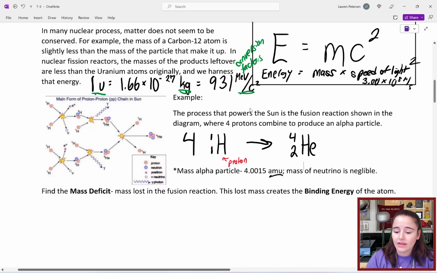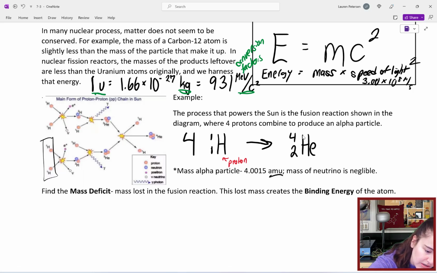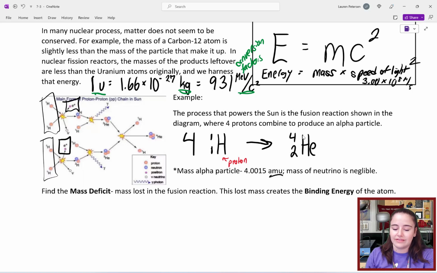Here we can see 4 times 1, that conservation of nucleon number, but we're not quite getting that conservation of protons. We got 4 protons, and by the end, there's only 2 protons. 2 of those protons turn into neutrons. We can also see that in this reaction in these 2 e positives that are released.